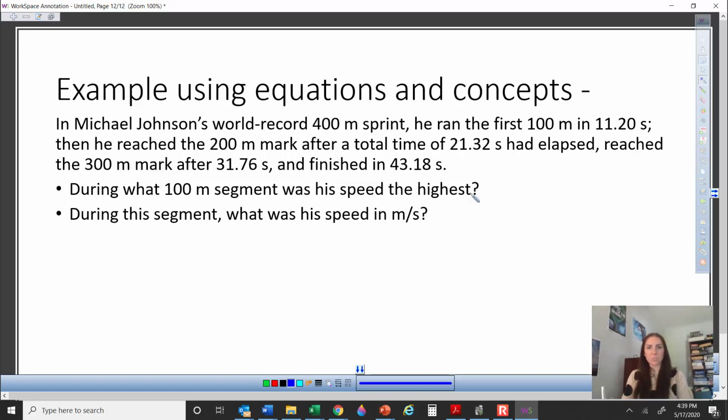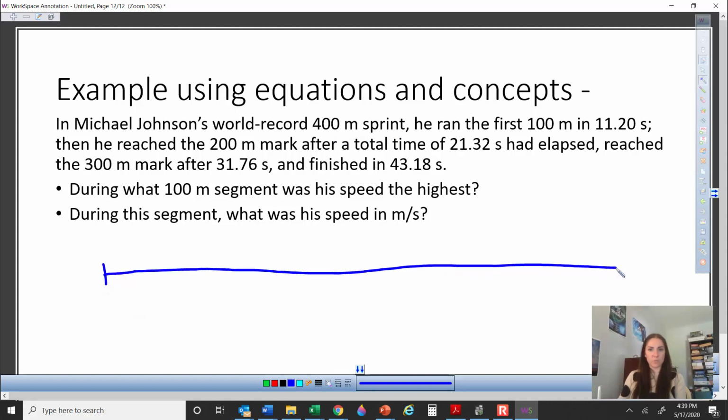Okay, so this one is, of course, a much more complicated motion we're looking at. We're looking at somebody sprinting 400 meters, so 1, 2, 3, roughly, each like that. Again, I'm a visual person.